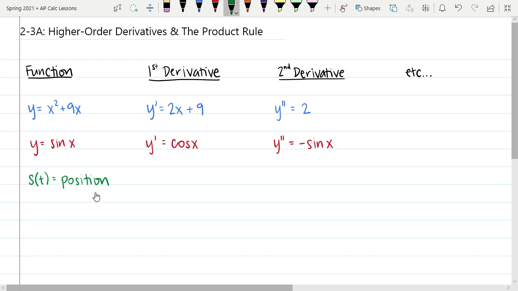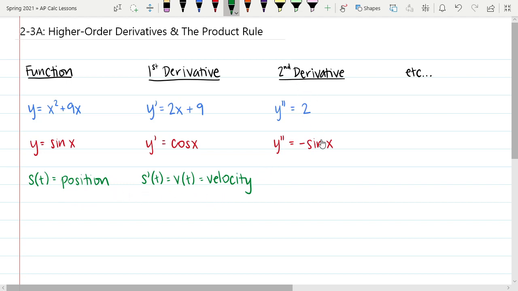Well, the derivative of position, well, remember, derivative is a rate of change. We just talked about that in the previous lesson. So the rate of change of position, the first derivative, is better known as the velocity. So the derivative of a position function gives us velocity, because velocity is the rate of change of position.